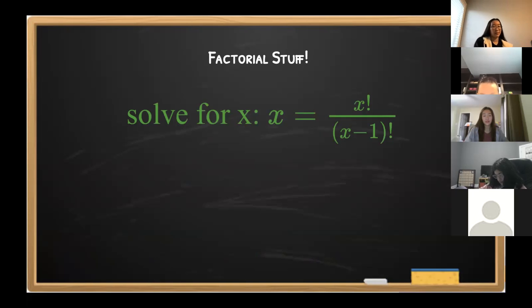Let's skip that one. Okay, so this one is a trickier one. I think it uses the same basic concept as the one we just looked at. Something to do with the denominator and the numerator having the same factors. Hint, hint.